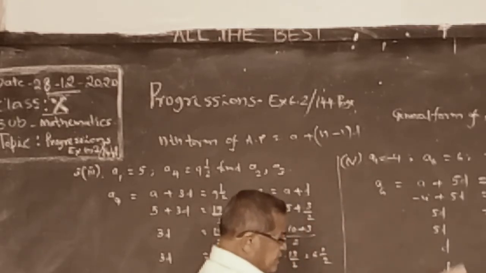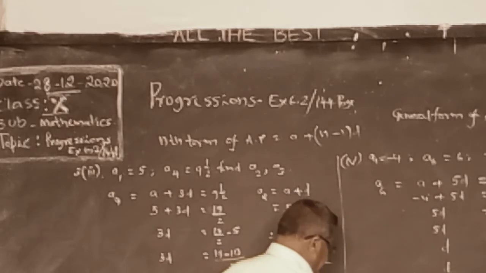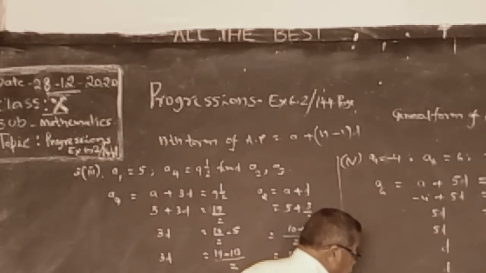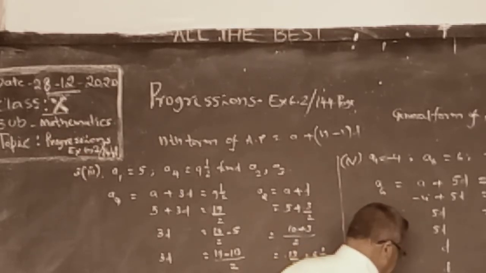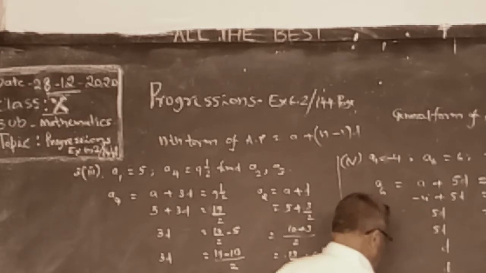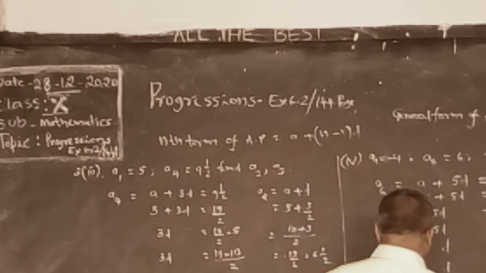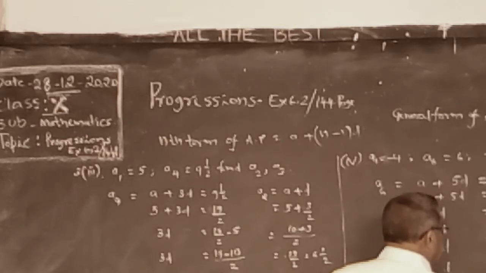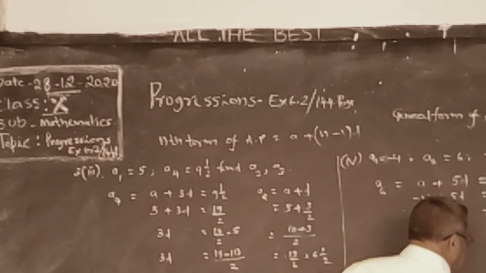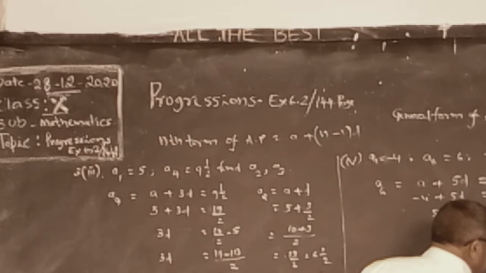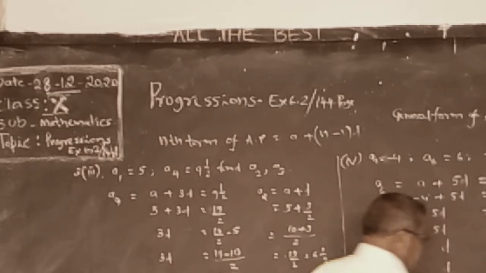And go on adding 2 to get A5. A5 is A plus 4D, A value -4 and 4D. Here D is 2, 4 into 2, 8. -4 plus 8 is 4.